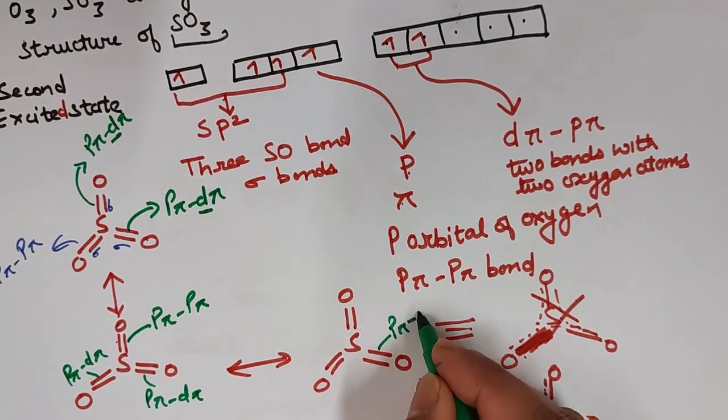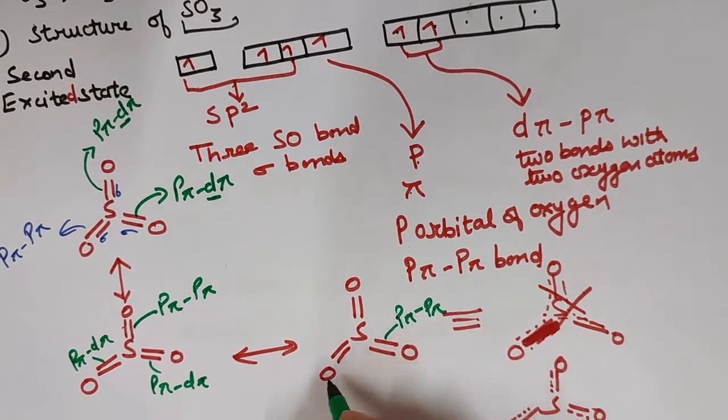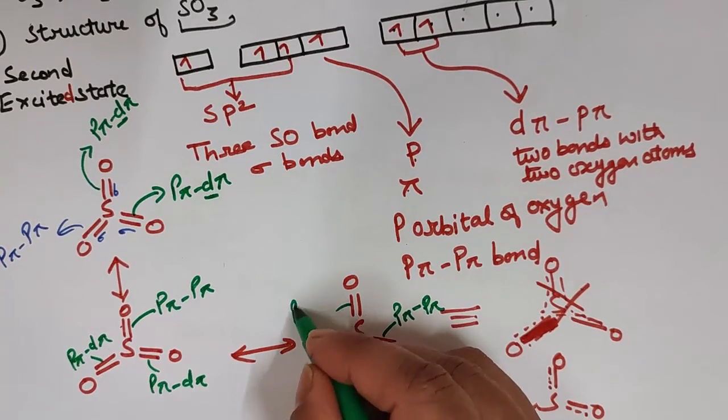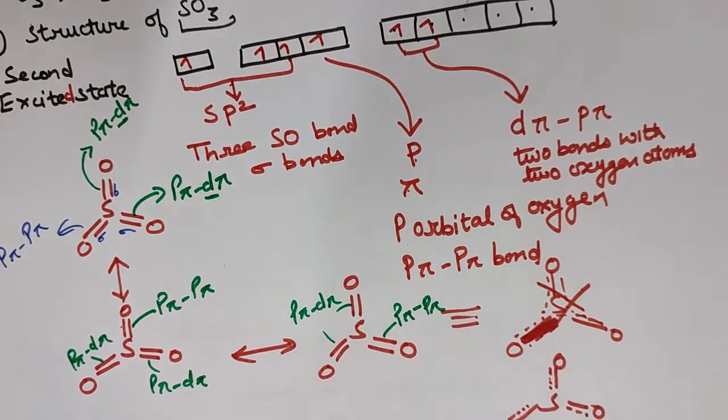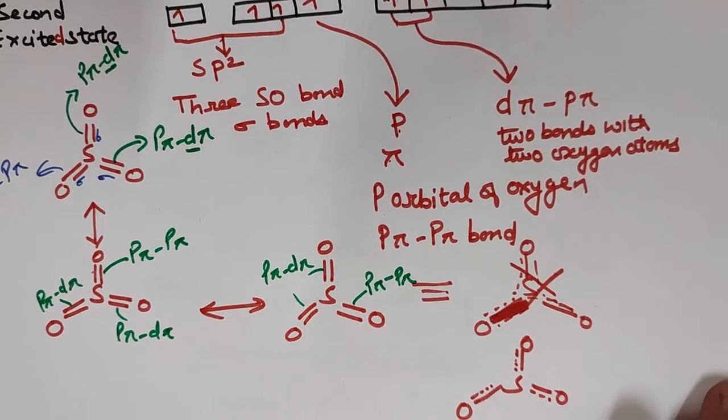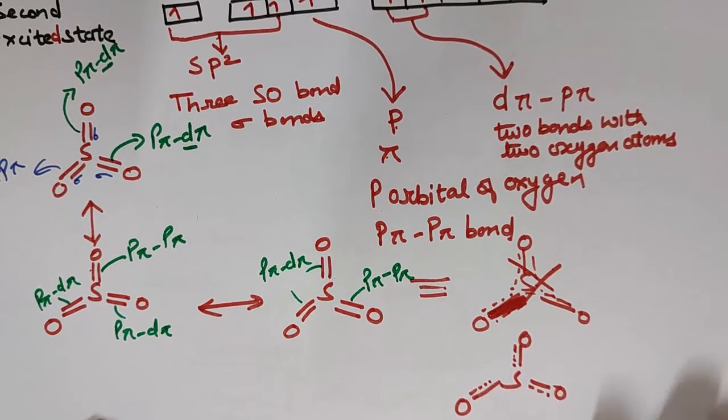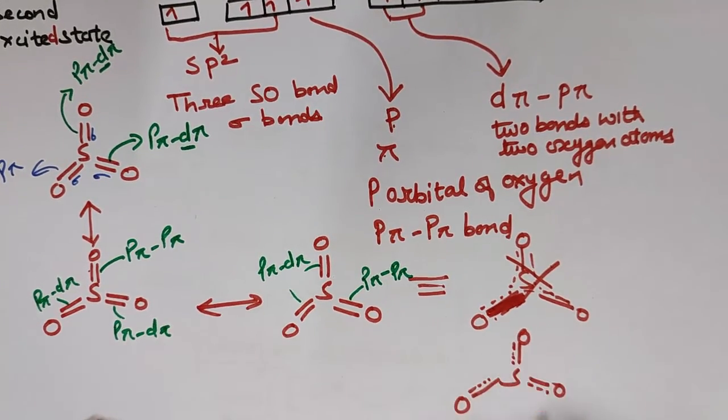So it will be p pi and this will be p pi d pi bond, in this way. Now because of resonance, the bond lengths are equal, 142 picometers in all, and bond angle is 120 degrees here.